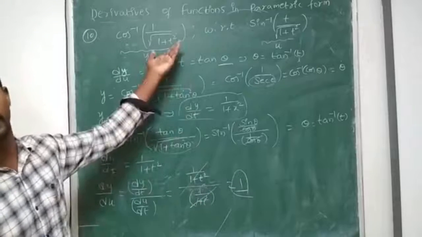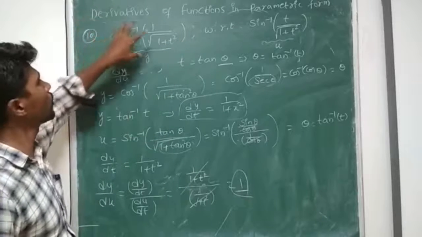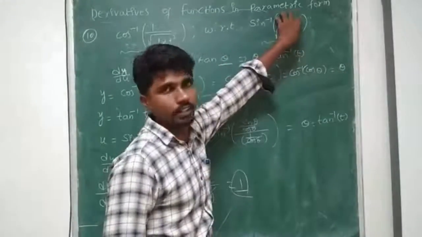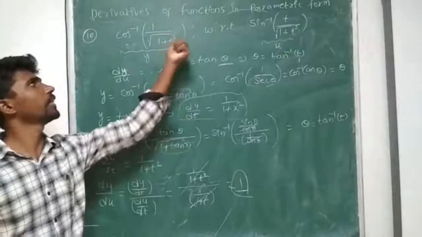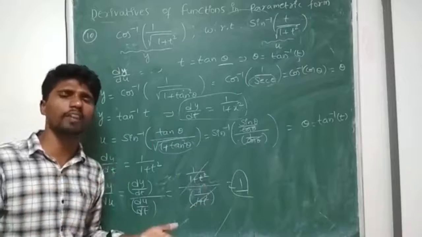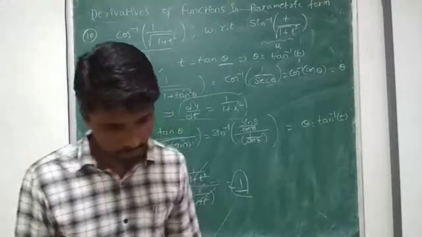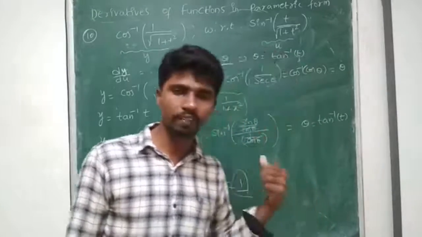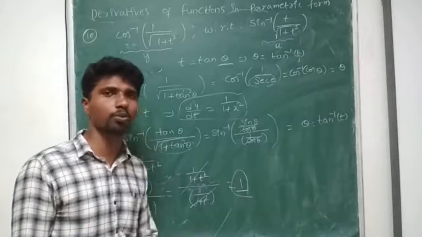The variable here is t, so it doesn't depend on t, because we got the answer as 1. It's a constant, whatever the values, we get 1. That is question number 13. They asked us to prove, find its derivative, and just write the conclusion of what I have proved.